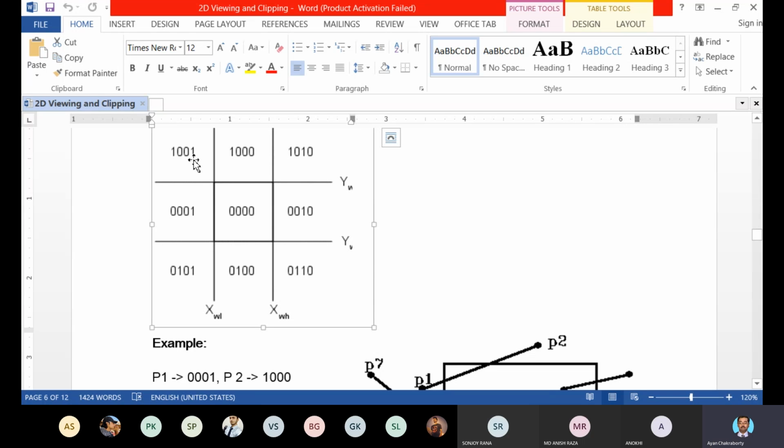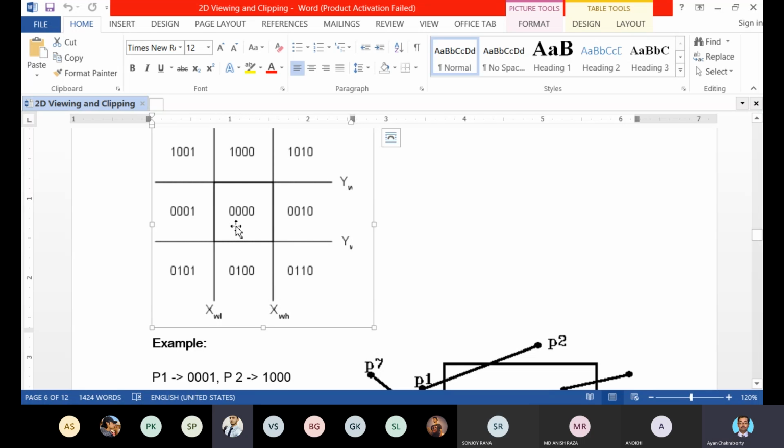To create the region code, we have put the first bit starting from the right side to the left side. So we have put the first bit as 1 for these 3 regions, northwest, west, and southwest, because all of them are on the west side of the window. Is it clear? Yes, sir.